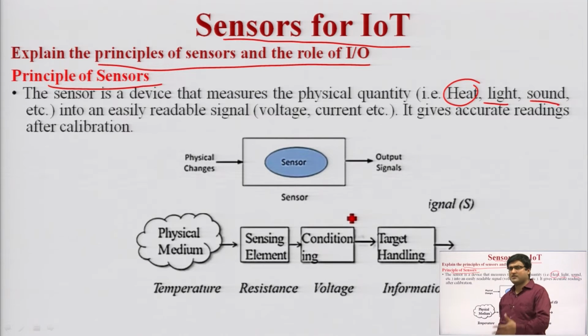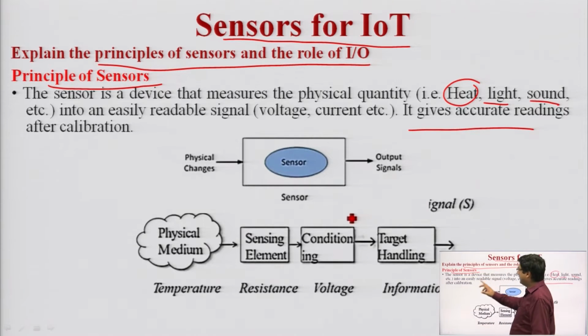Because our computer is capable of dealing with electrical voltage and digital signals, through sensors we need to convert the physical parameters into electrical voltage or current, so that it can be accessed by our data acquisition unit. It gives accurate readings after calibration.